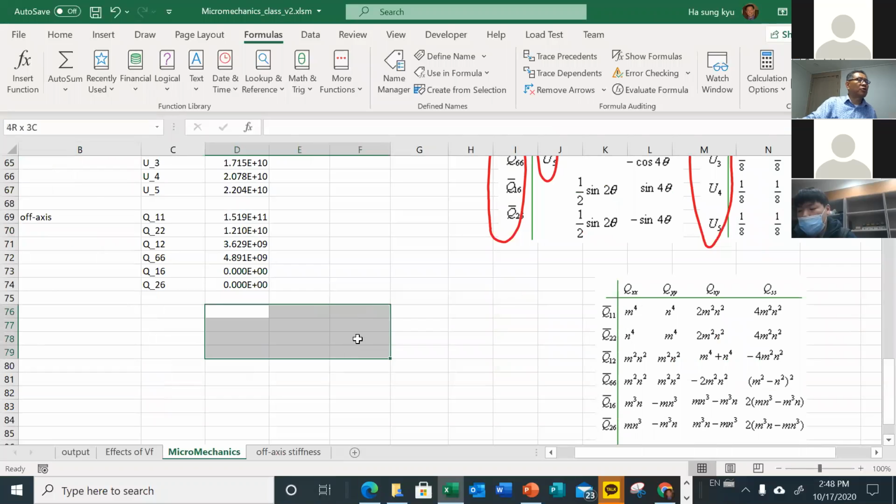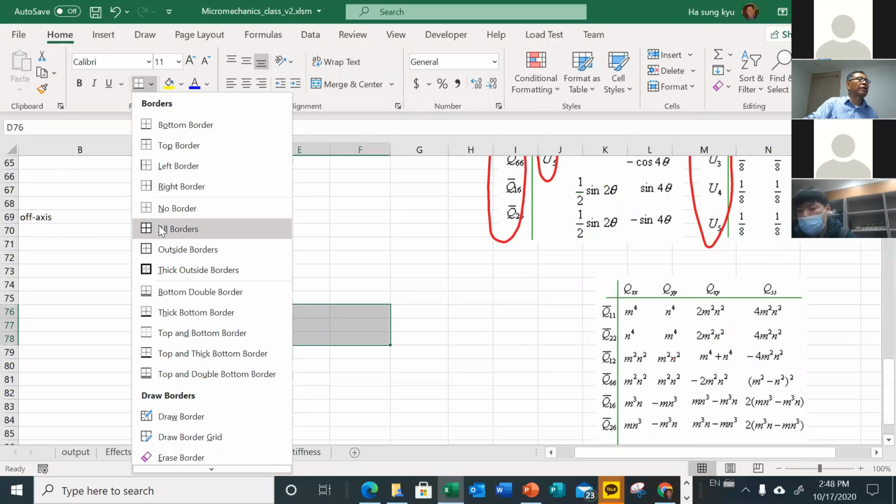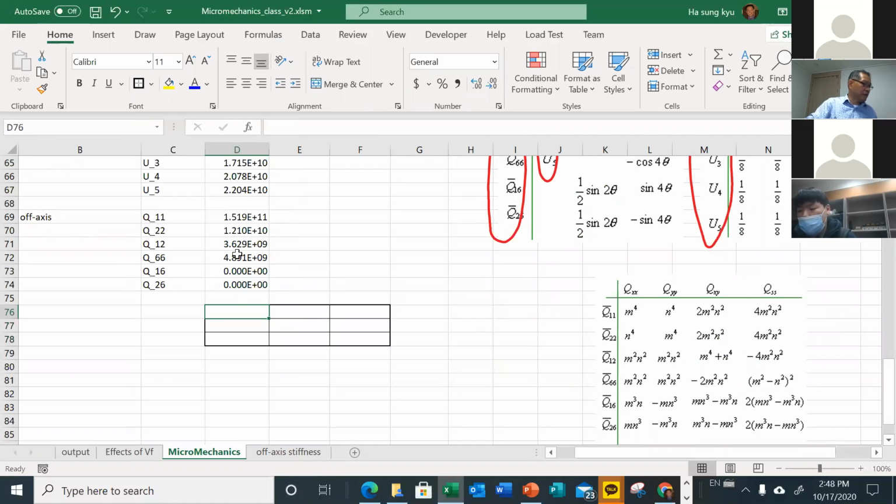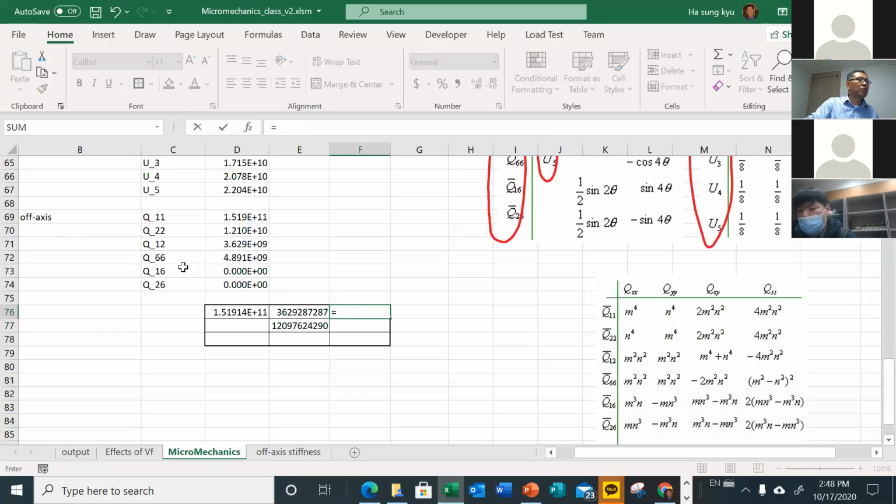We prefer to express this in matrix form, so we have this matrix, and this will be Q11, this term will be Q12, this will be Q22, and this will be Q16, and this will be Q26, and this will be Q66. And this will be symmetric.